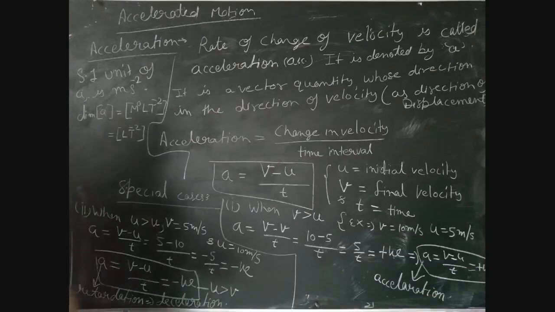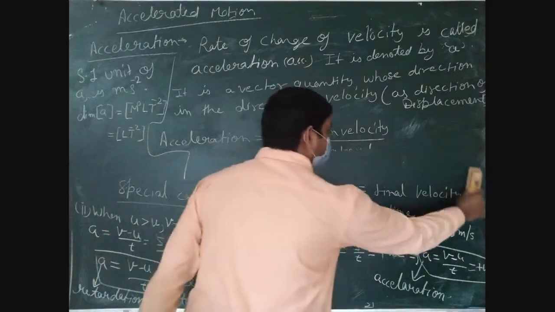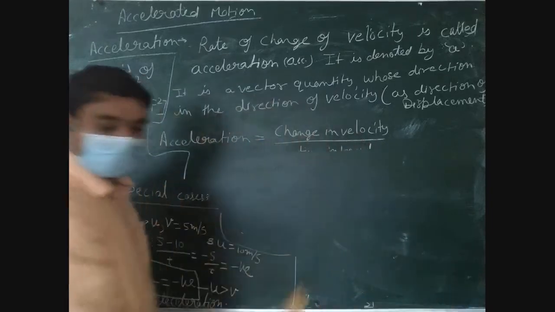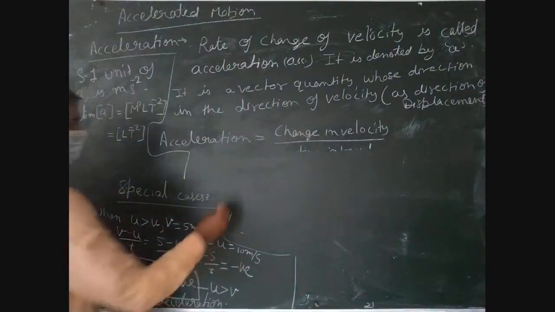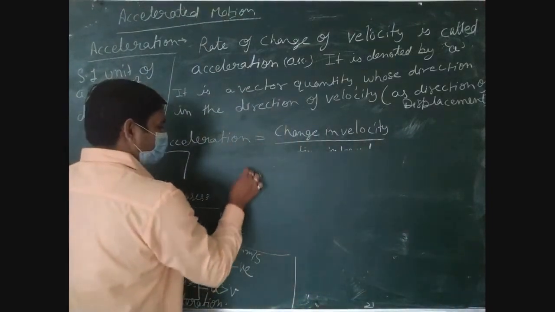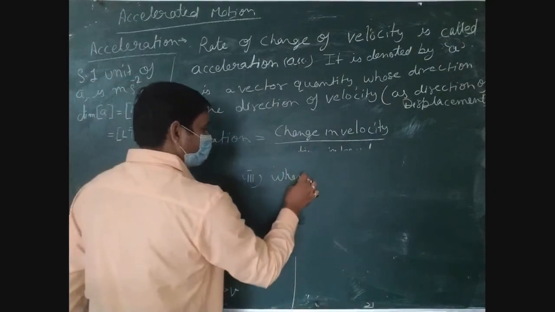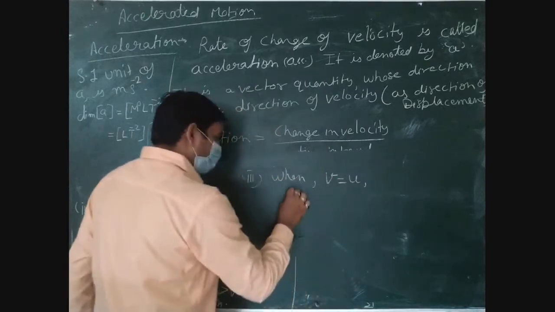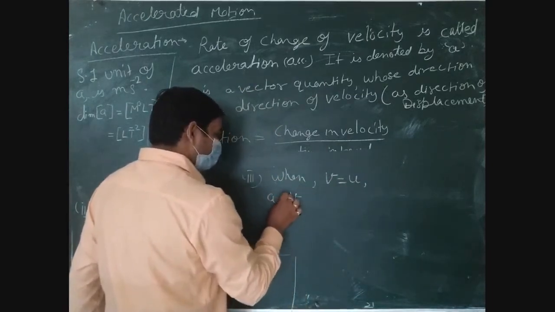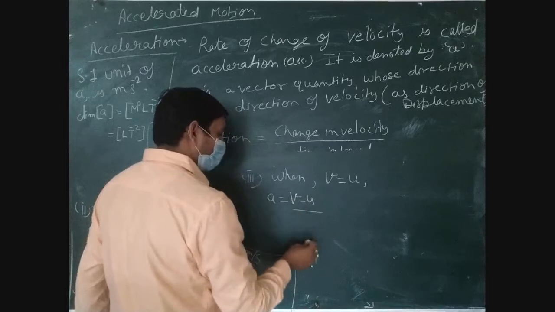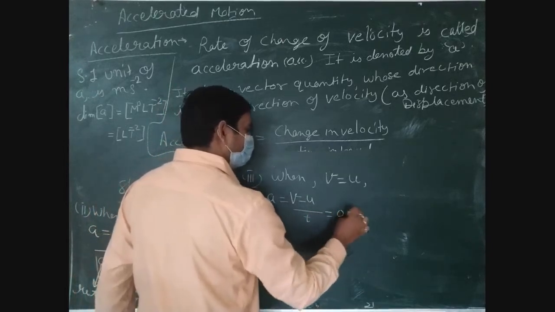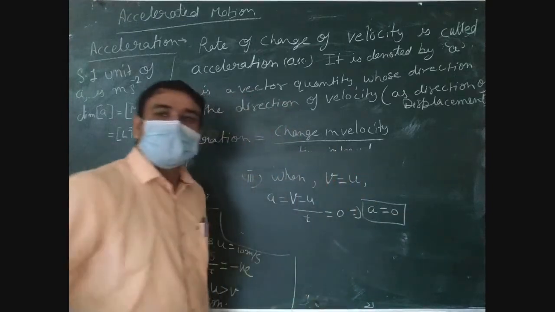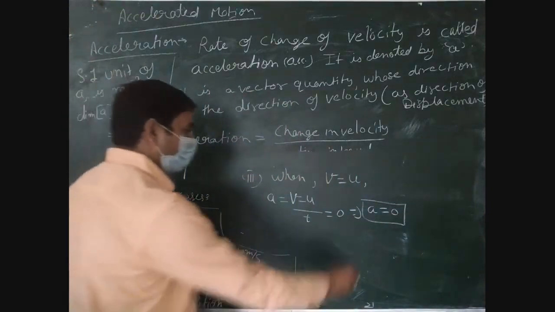And the third case is when v is equal to u, then we get a equal to v minus u upon t, which is equal to 0. That means acceleration will become 0. Then the object is said to be in uniform motion.